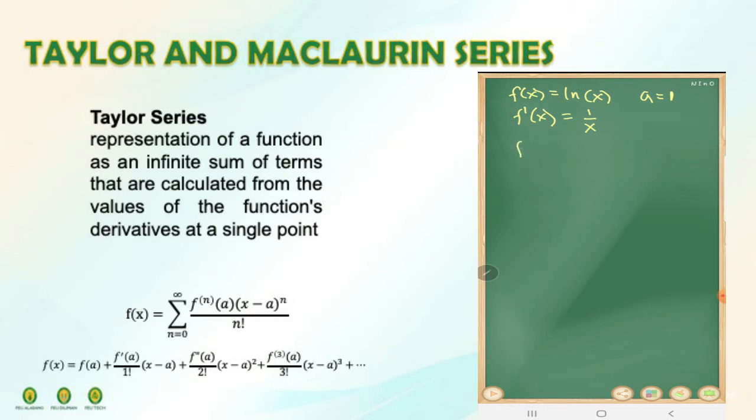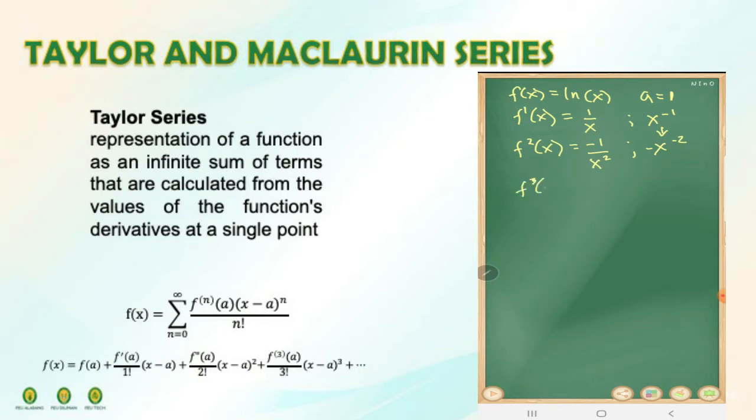How about the second derivative of 1 over x? So 1 over x is equal to x raised to negative 1. Therefore, this is negative x raised to negative 2, or simply negative 1 over x squared. How about the third derivative?